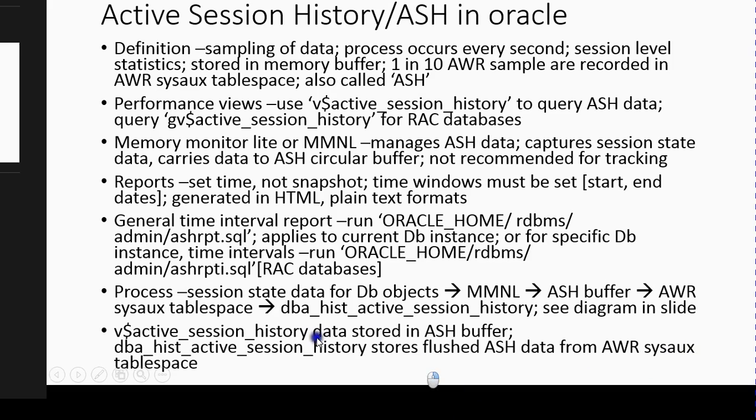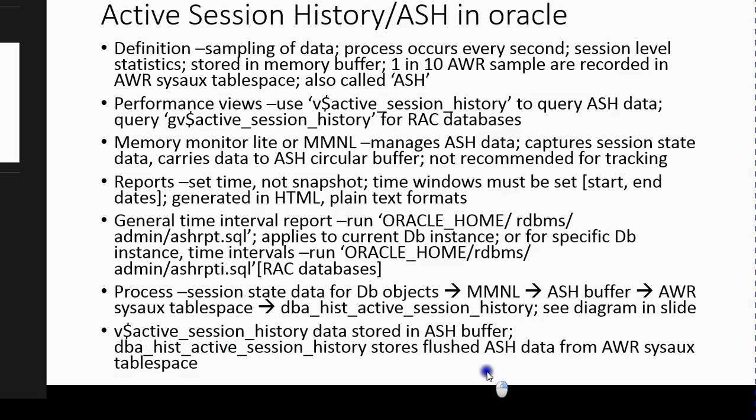So it's flushed out twice, and after it's flushed out from the SYSAUX tablespace, you'll be able to query that ASH data using the dictionary view, DBA_HIST_ACTIVE_SESS_HISTORY. So just be mindful of those two flushes that I just covered.